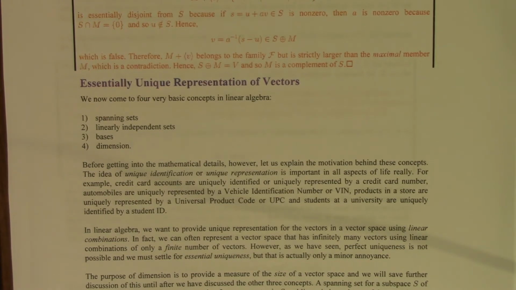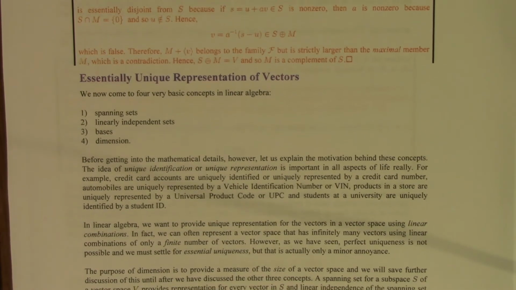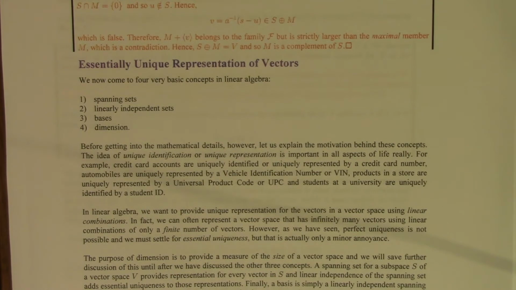In linear algebra, we want to provide unique representation for the vectors in a vector space. And we want to do it using linear combinations. In fact, we can often represent the vectors in an infinite vector space using linear combinations of only a finite number of vectors.